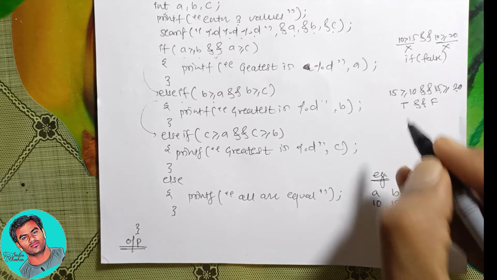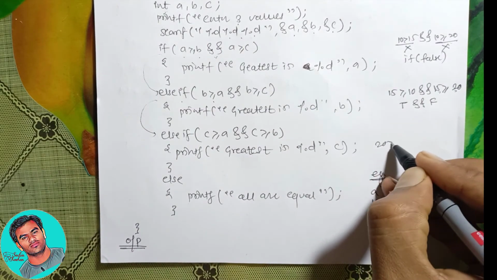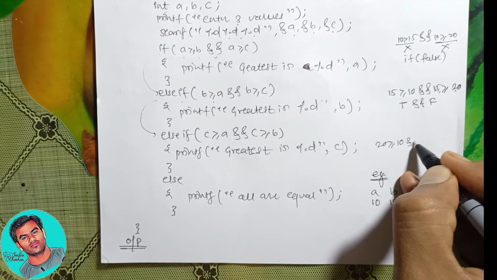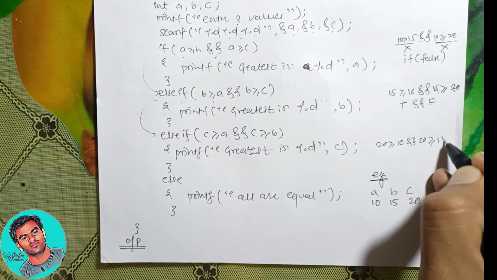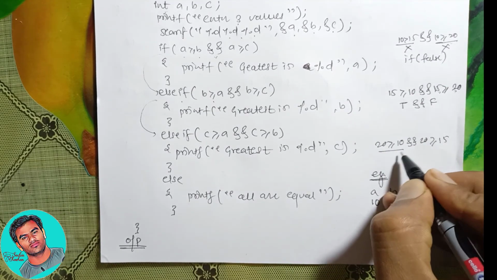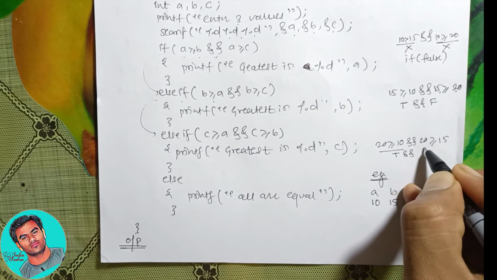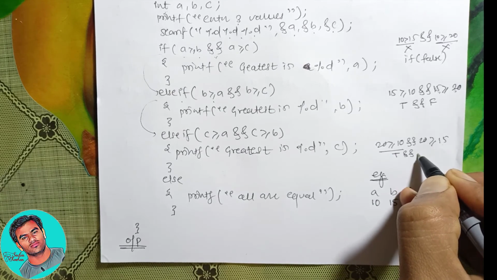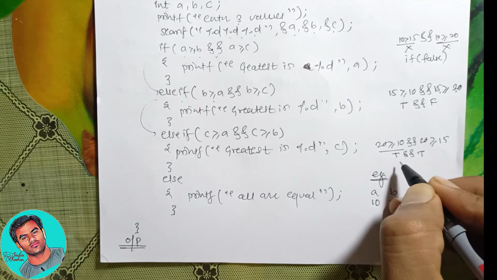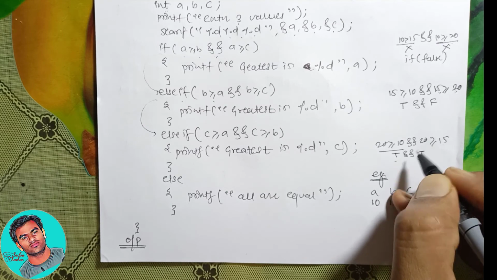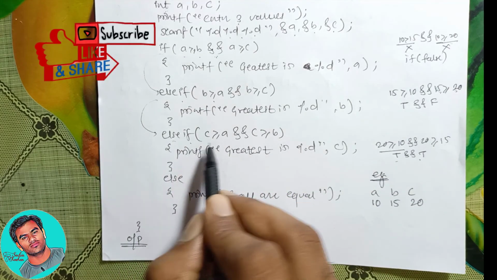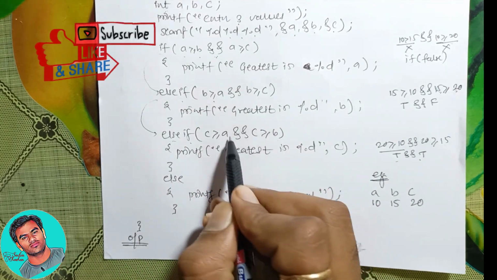Here we check 20 greater than or equal to 10, which is true, and 20 greater than or equal to 15, which is again true. So true and true becomes true. That means the whole else if condition gets true.